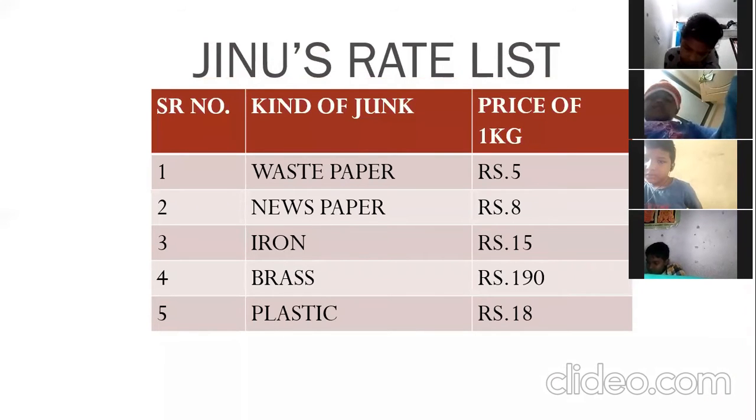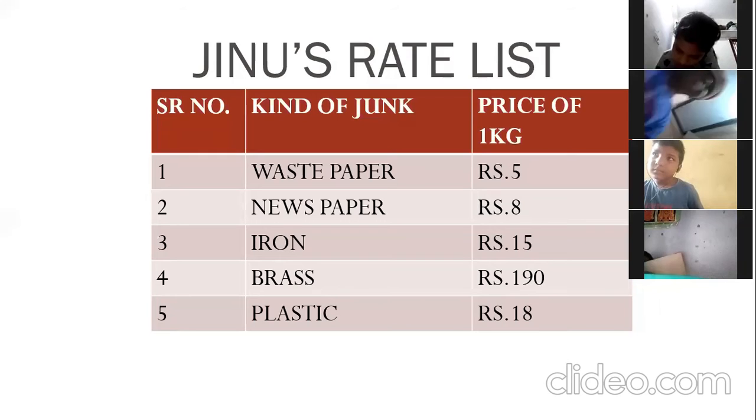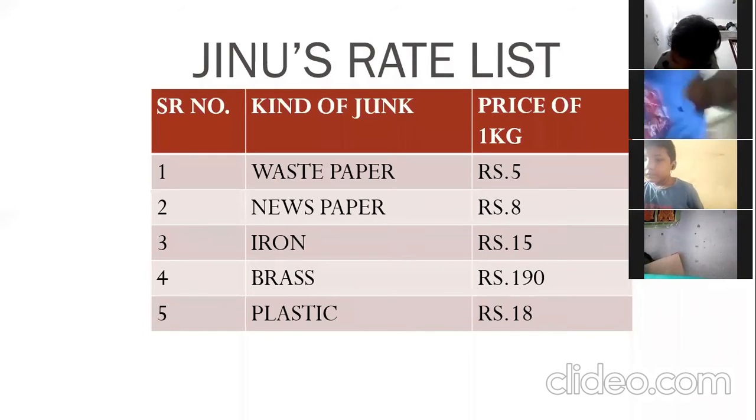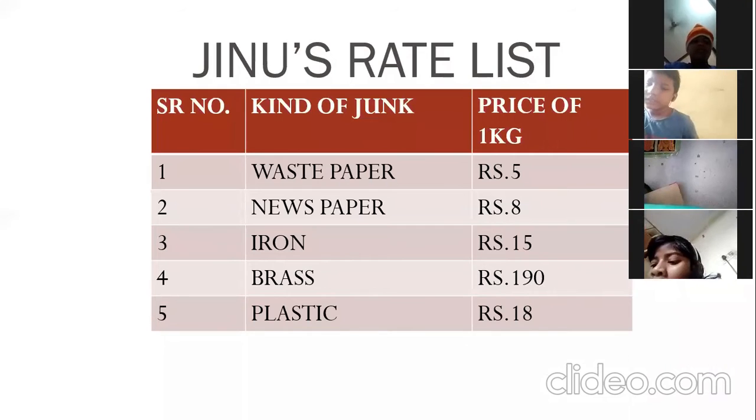In the last class about this chapter, I explained to you clearly about the junk seller. A junk seller buys waste items, unused items, junk items, and sells them. Here is Jinu's rate list. Jinu has a shop where he sells waste papers, newspapers, iron, brass, and plastic.